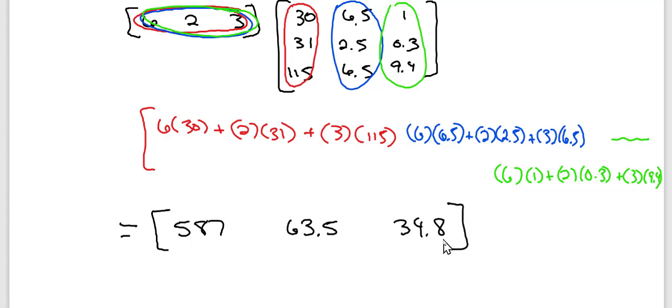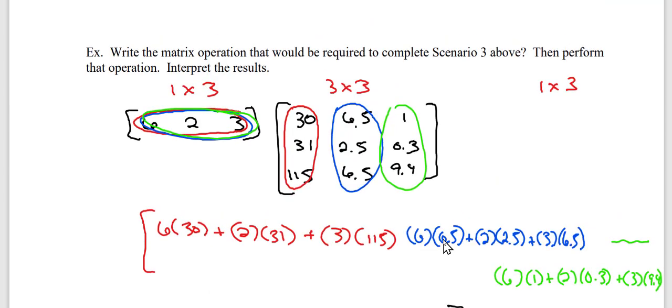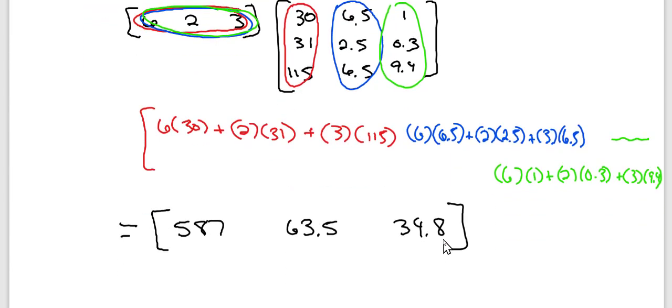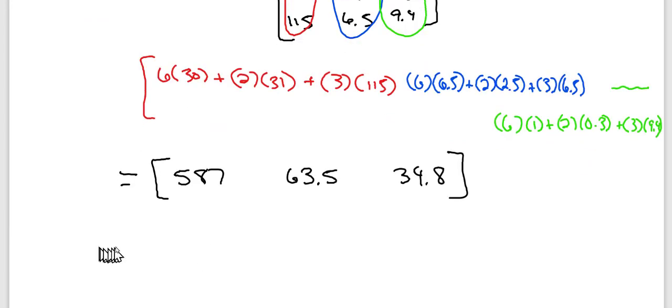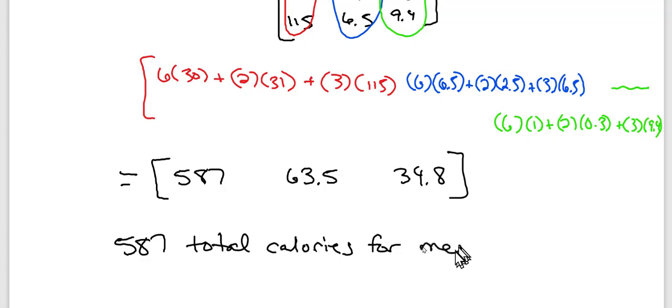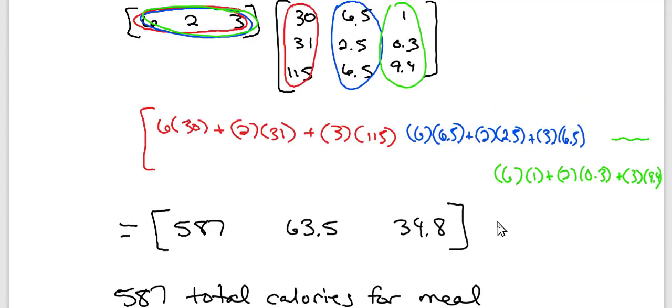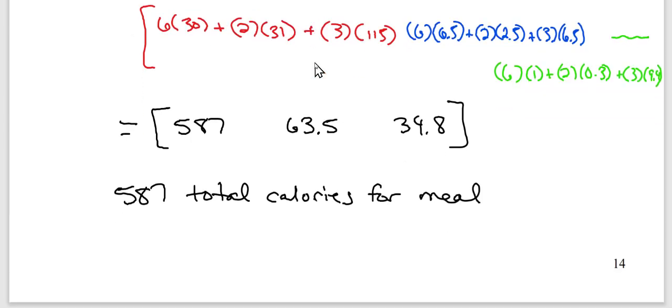Now let's interpret this. That's what we really care about, right, is the interpretation. The 587 would be the total calories for the meal. Because remember, what we did here is we said we had 6 ounces of chicken, multiply that by the 30 calories per ounce, 2 cups of broccoli times the 31 calories per cup of broccoli, 3 ounces of cheese times the 115 calories per ounce.